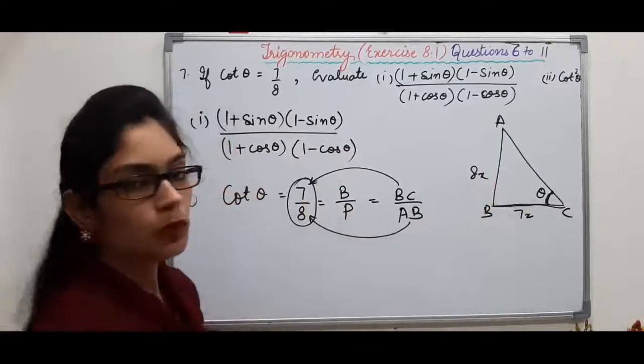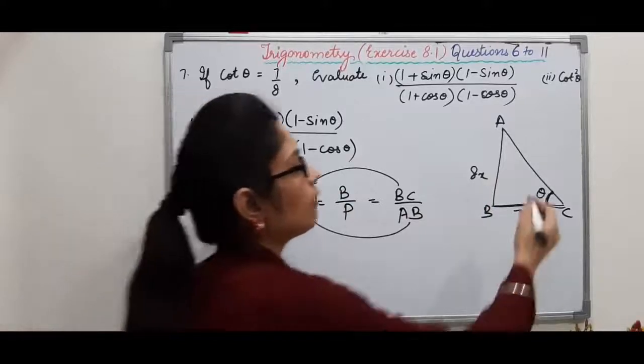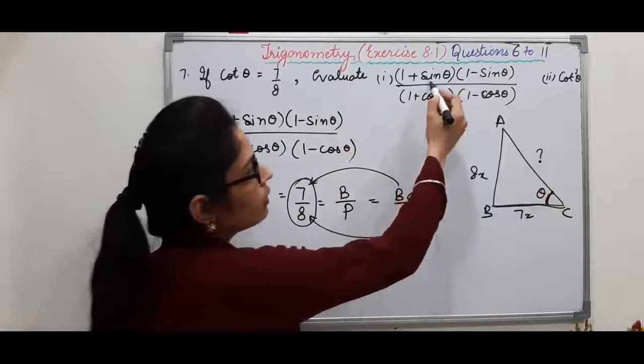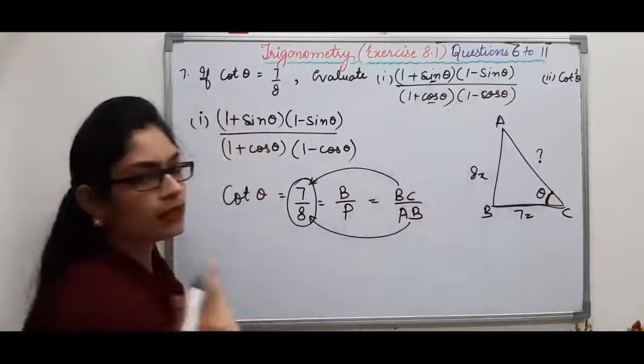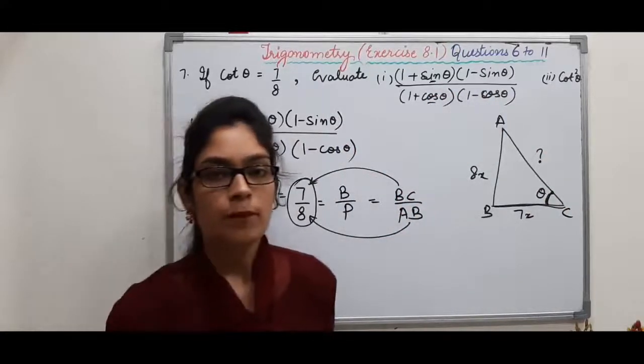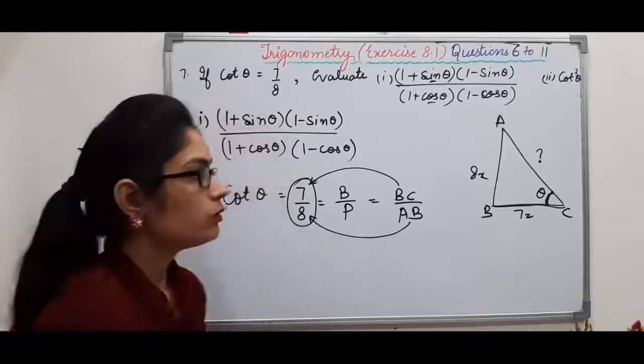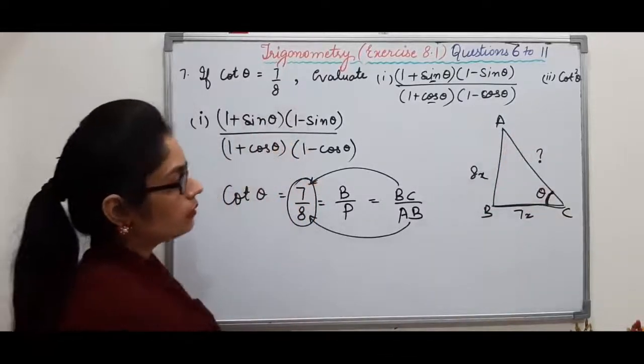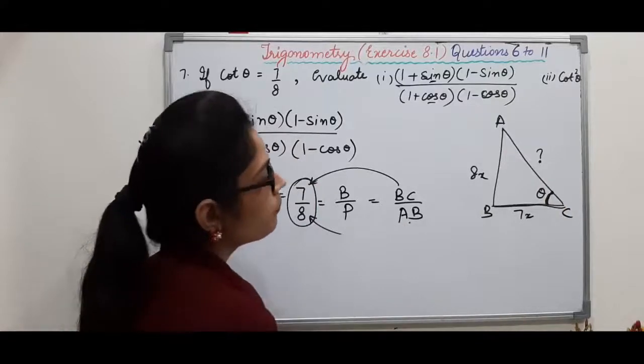Now we have two sides of the triangle and we have to find the third side, because our question has sin theta and cos theta, and for these we have to use the hypotenuse. The hypotenuse of this triangle is missing, so let's find it first.